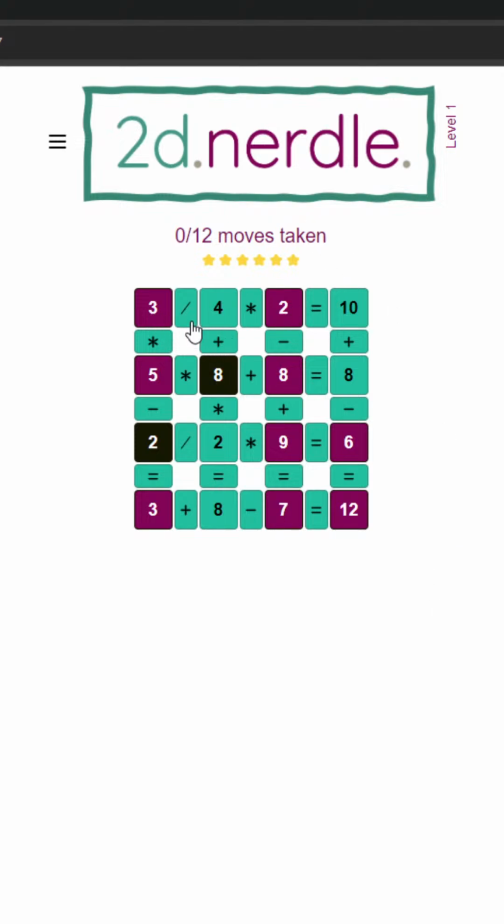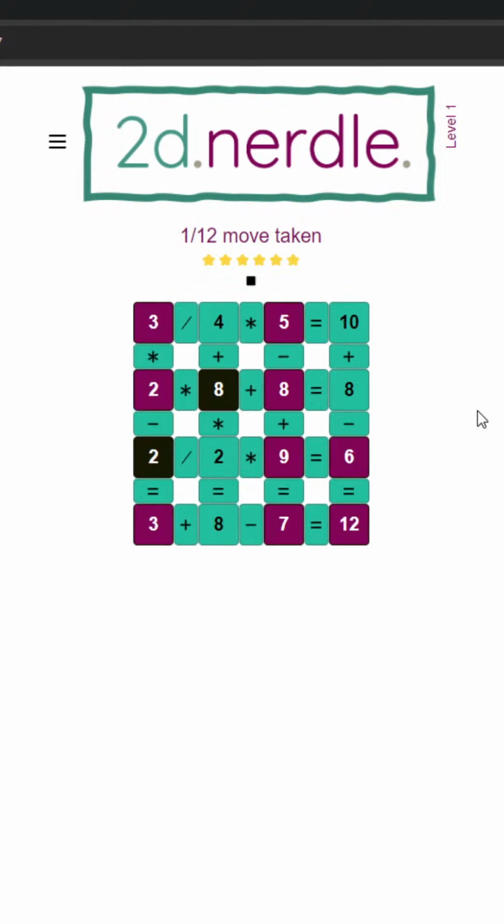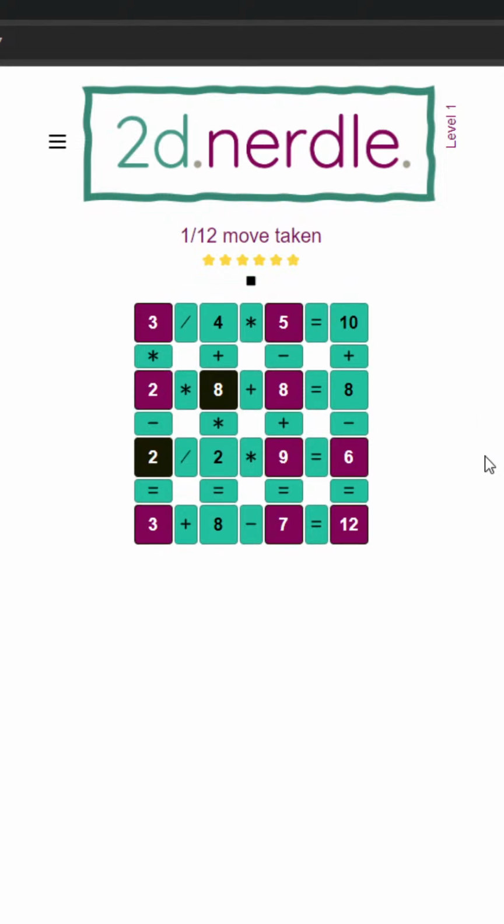Okay, so up here, something divided by 4 times something else has to equal 10. Well, this would have to be any number times, it would have to be 5, 2, 1, or 10. So 5 is the only option here. That wasn't the correct option? What?